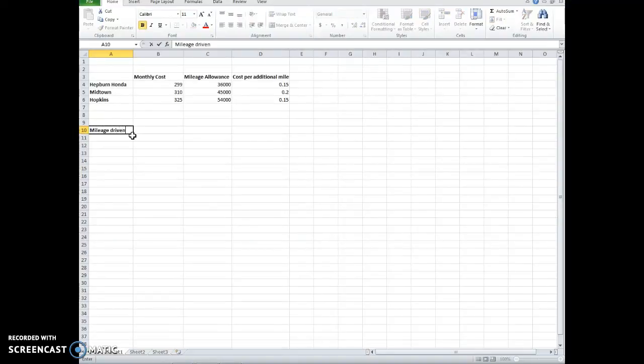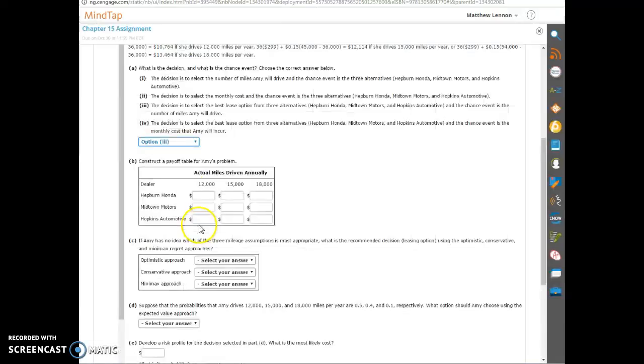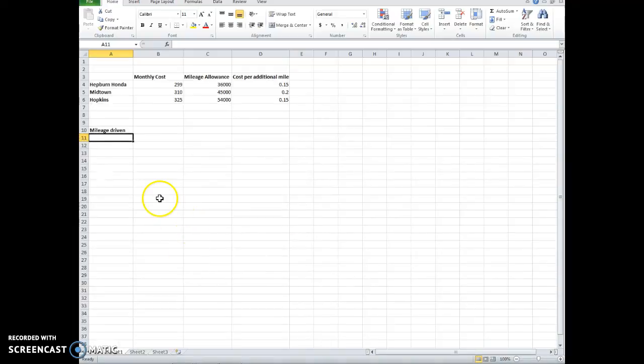And notice one thing that might trip you up if you got it wrong: it's the miles driven annually, but the lease is over a 3-year period. So really, this should be 36,000, 45,000, and 54,000. So I'm going to put those in as the numbers.